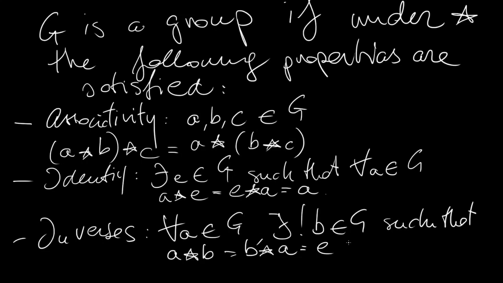So we have these three properties. Let's recap. What is a group? We have a set equipped with a binary operation. You have the set and an operation that allows us to operate the elements and stay within the set.